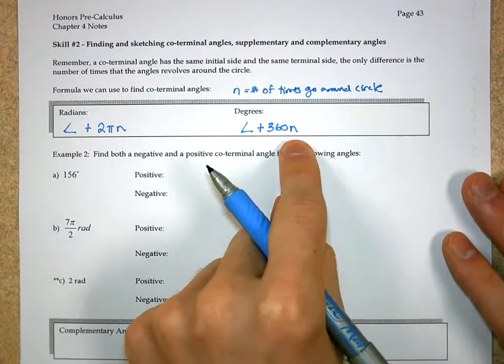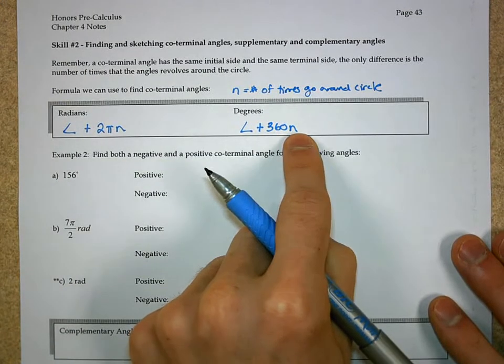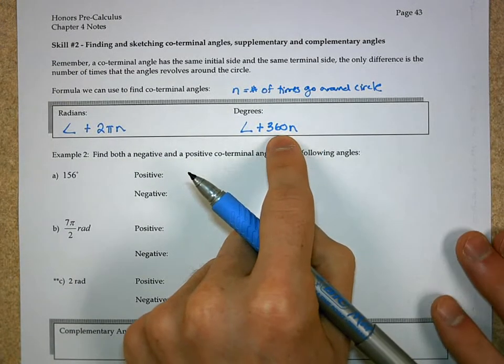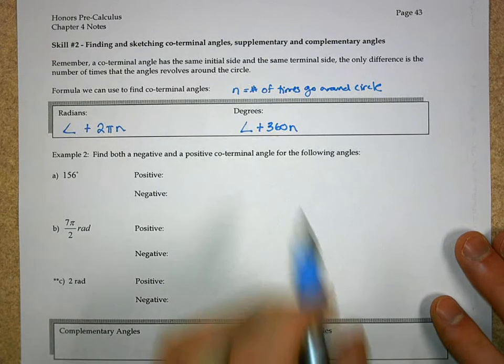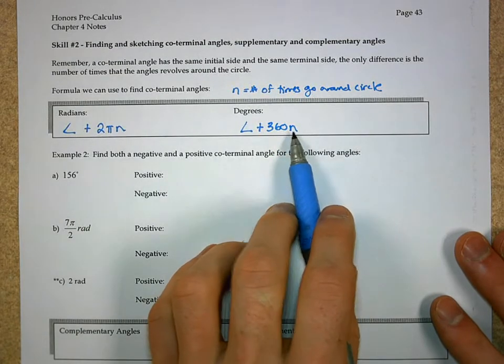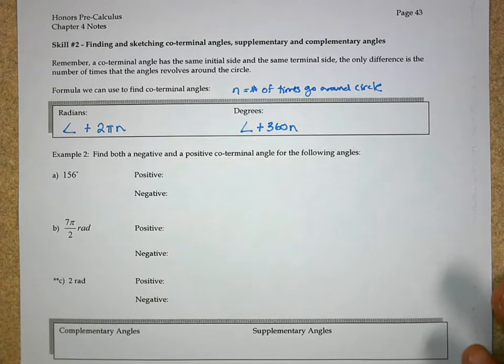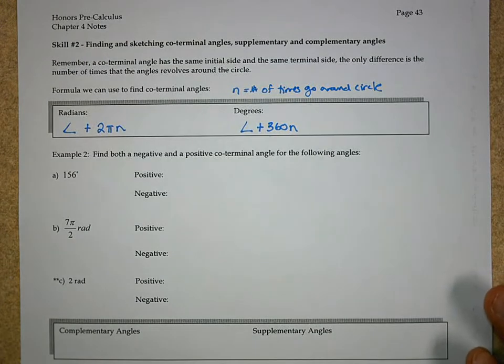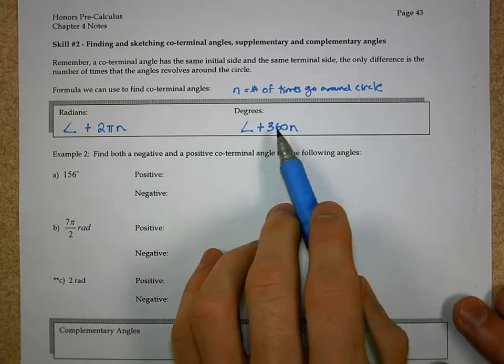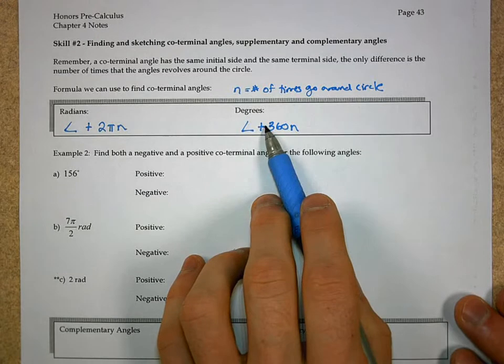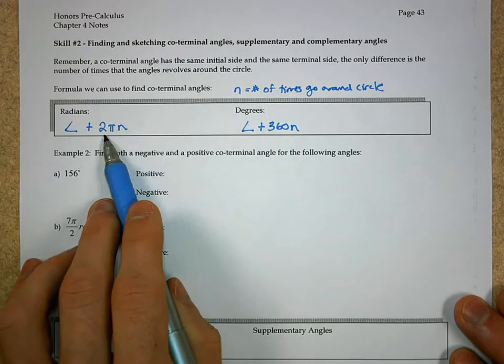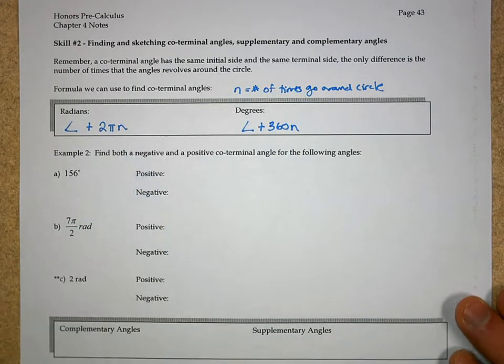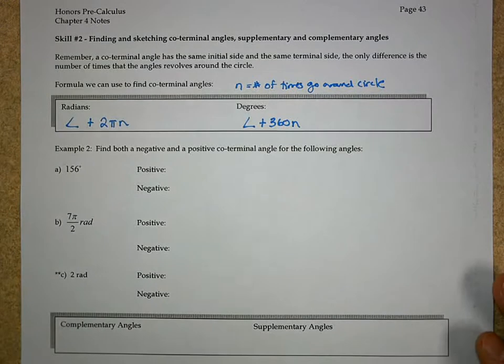So with degrees, if I go around the circle once, 360 times 1 is 360 degrees. If I go 2 times around the circle, 360 times 2 is 720 degrees. So I'm going to take whatever my starting angle is and then add 360 times the number of times we go around. Or if I'm dealing with radians, it'll be 2 pi times the number of times we go around.